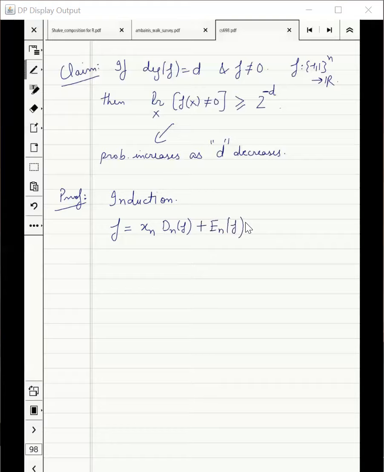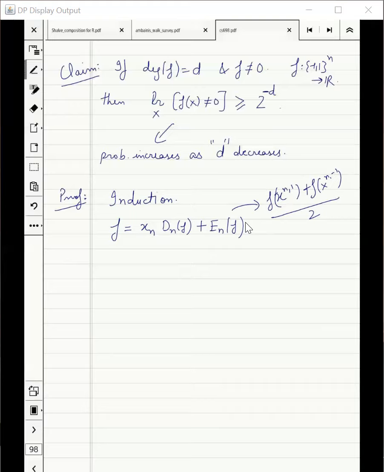We talked about this, that I can write my function as xn times derivative of f at nth variable plus expected value of f, which is f with the nth variable set to 1 plus f with the nth variable set to -1, divided by 2. Right? Now, when I remind you, it is clear.